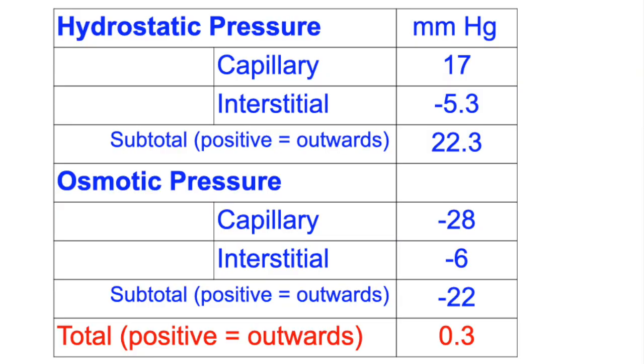The bottom line is that when you add it all up, there is a net outward pressure of 0.3 millimeters of mercury, which doesn't seem like much, right? Seems pretty close to 0, but that is enough to produce this 2 milliliters per minute of net outflow in our tissues, and ultimately contributes to that roughly 3 liters of urine that we produce per day.